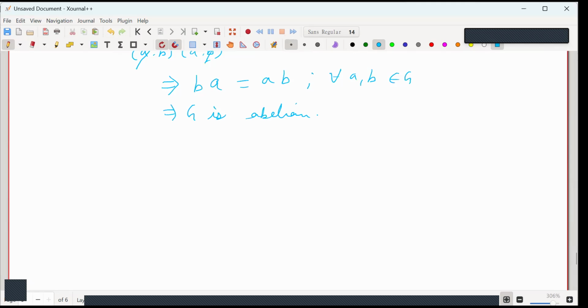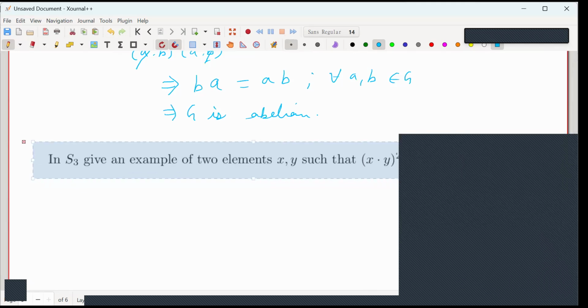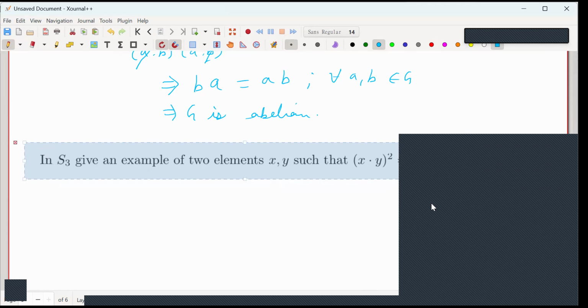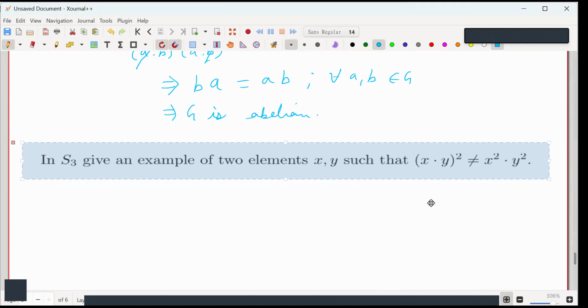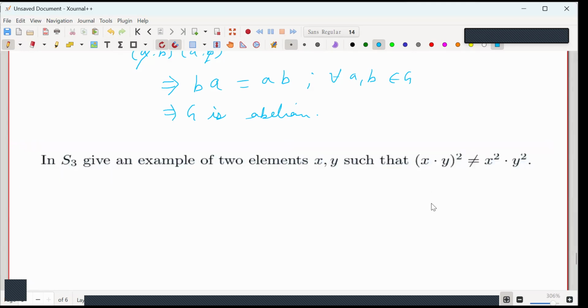Okay, so this question is: we have shown that if (AB) squared is equal to A squared B squared, then the group is abelian. Now you know that S3 is not abelian, right? Yes, sir. So in S3 there should be two elements for which the identity is not true.